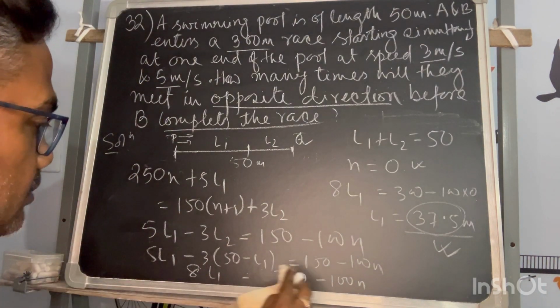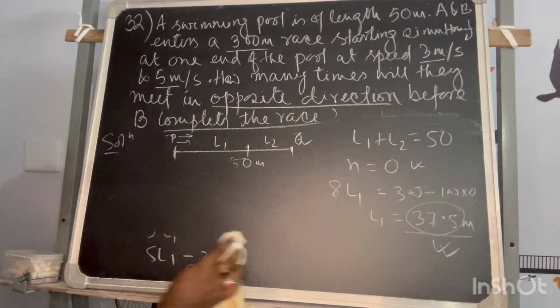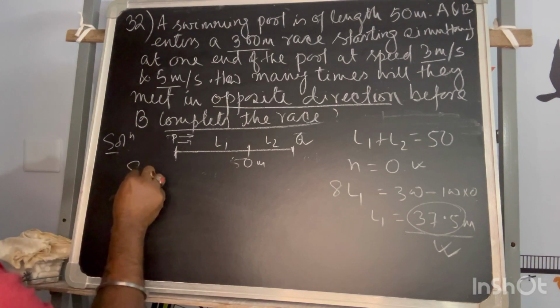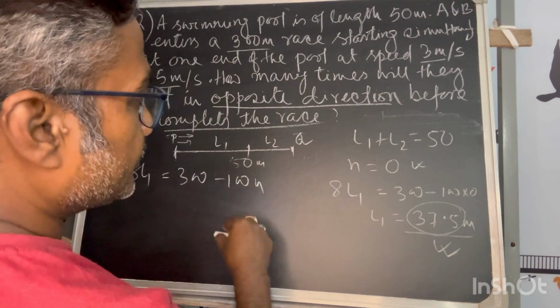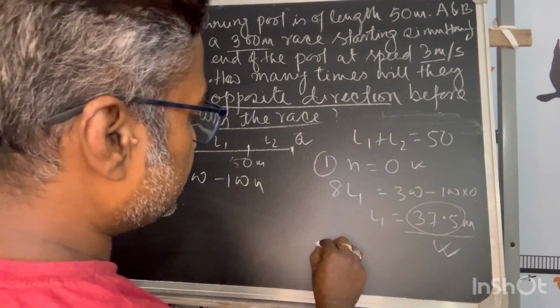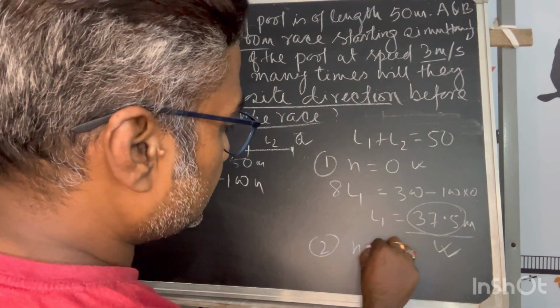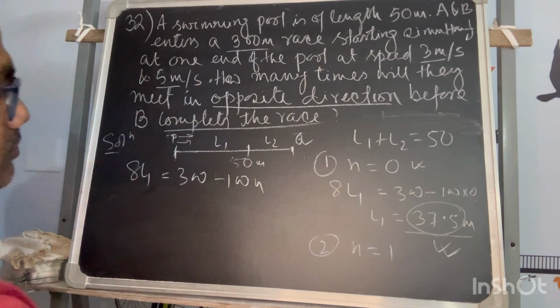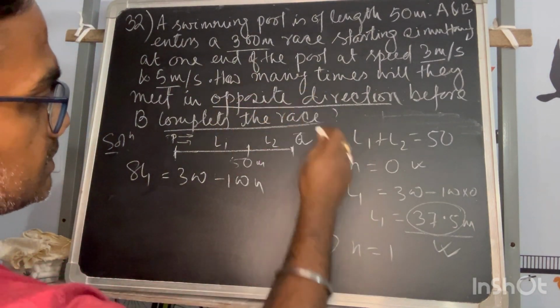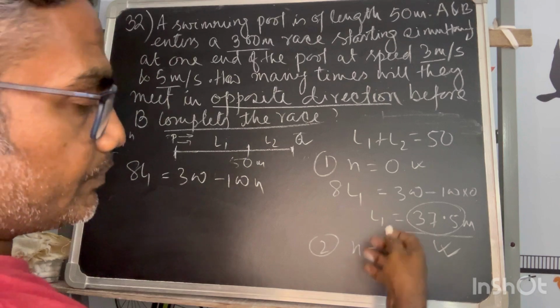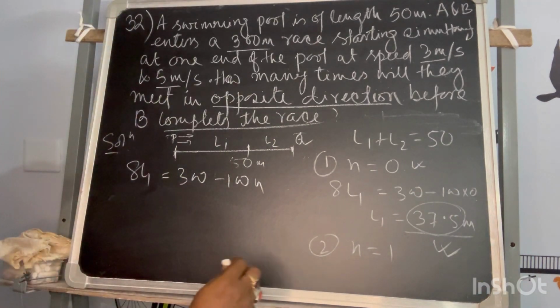Now I will use this equation again and again. So the ultimate equation is 8L1 is equal to 300 minus 100 n. Now this is one condition. Second condition, if I take n is equal to 1, so that means A has covered 1 lap, so B has covered 1 plus 1 means 2 laps. That is also possible.